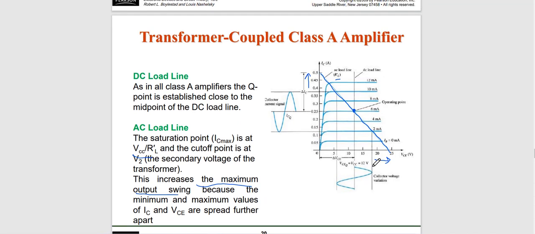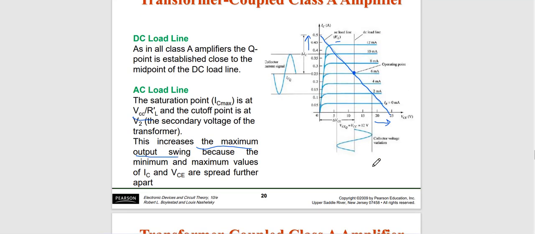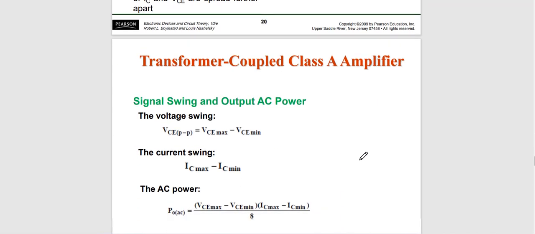This is the reason why, if we use the transformer, the efficiency will be increased: the output voltage swing and the output current swing increase, but the input is the same, so the efficiency will be increased.